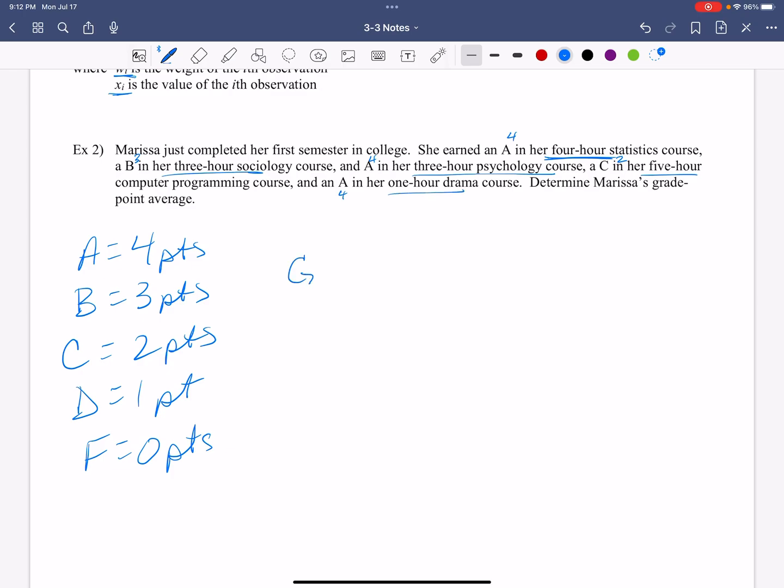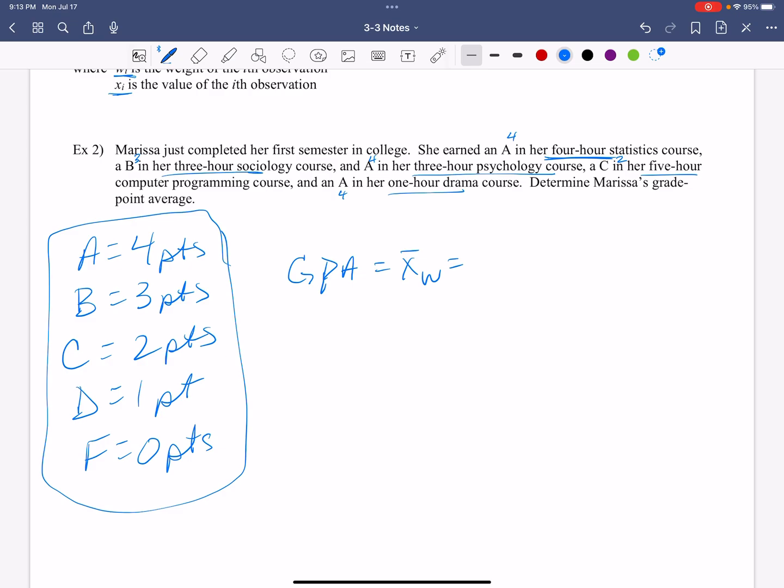So her GPA is a weighted mean. And whenever you look at these weighted means, you're always dividing by the weights. This is your data values that you're looking at.